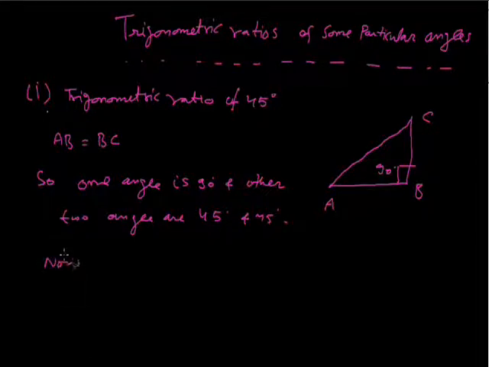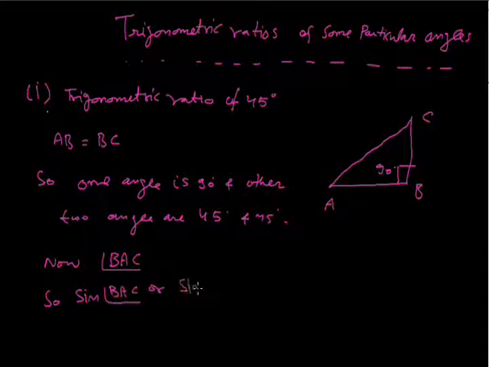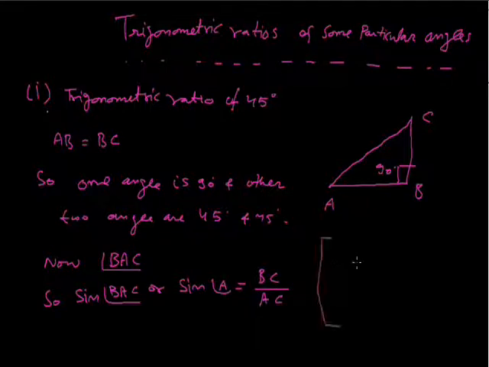Now we consider angle BAC. So sine of angle BAC, or sine of angle A, equal to BC upon AC. Now let AB equal to BC equal to a.